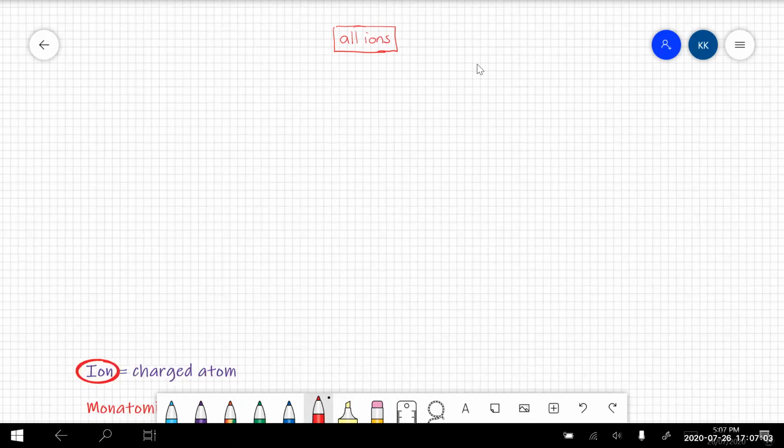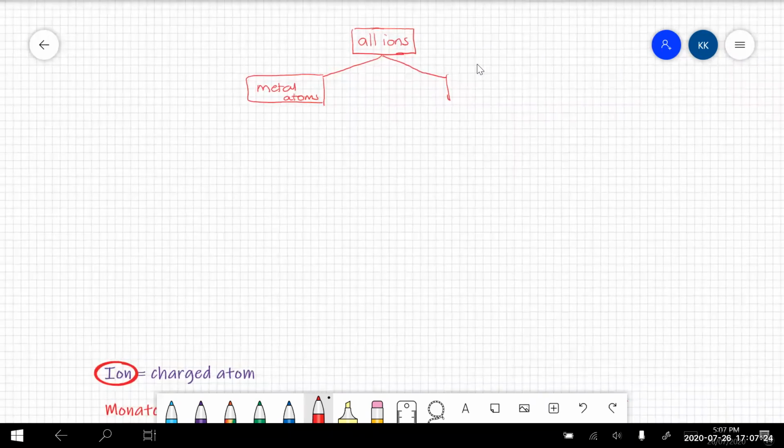And the first decision you're going to need to make is whether or not we have metal or non-metal atoms. So our first decision is we either have metal atoms or do we have non-metal? So that's the first thing you need to decide.